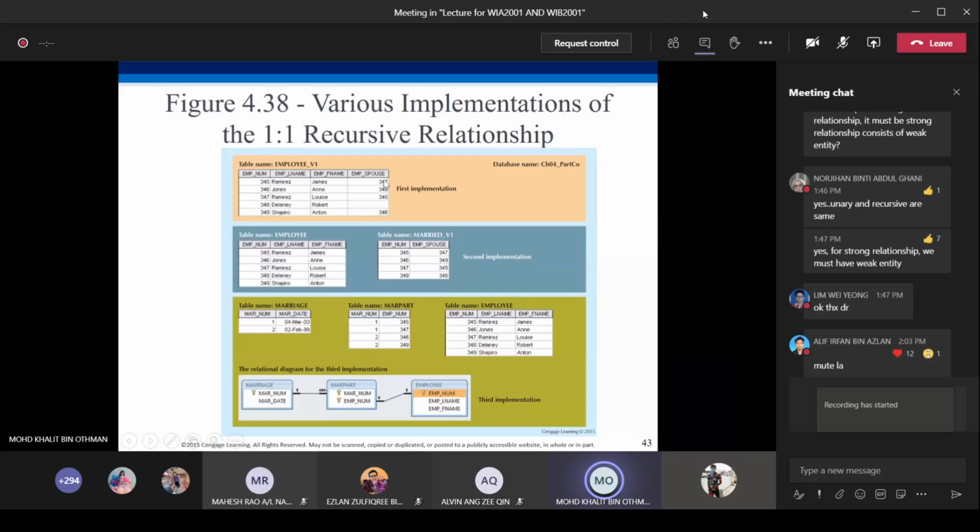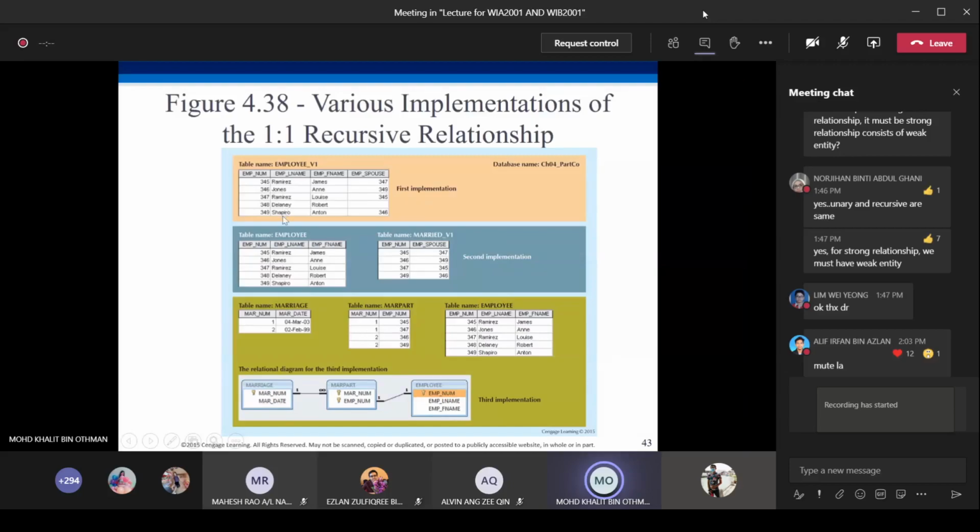You have to store your data in several tables. The first implementation stores all the data in one table, which we also call a flat file database.